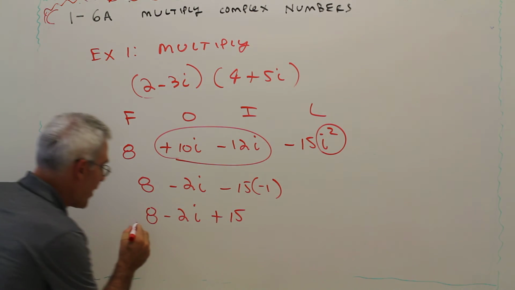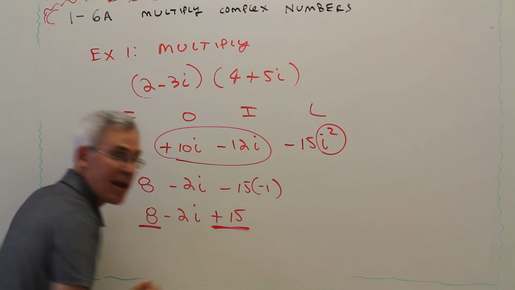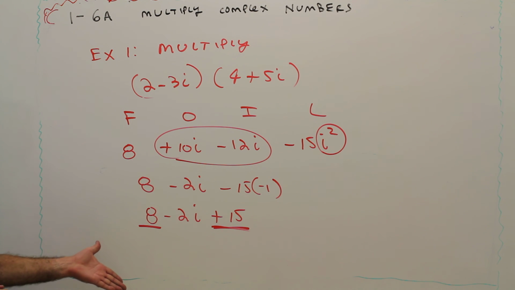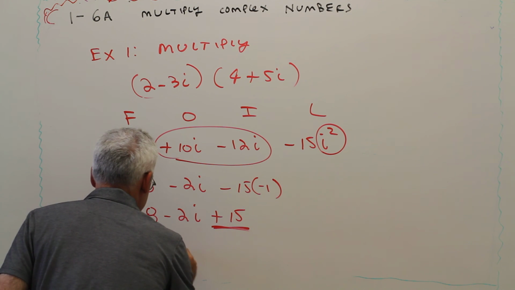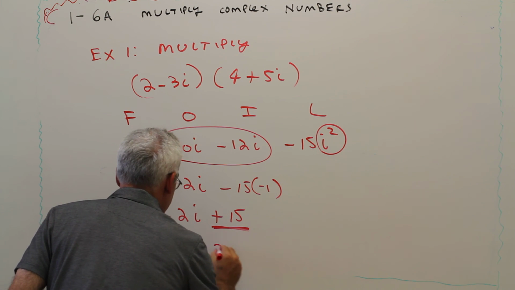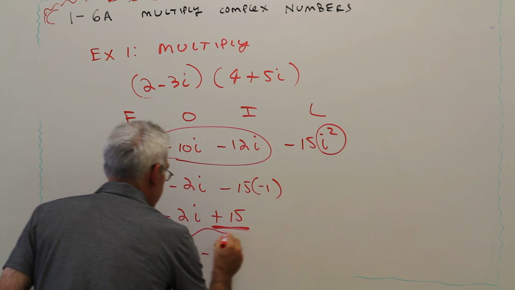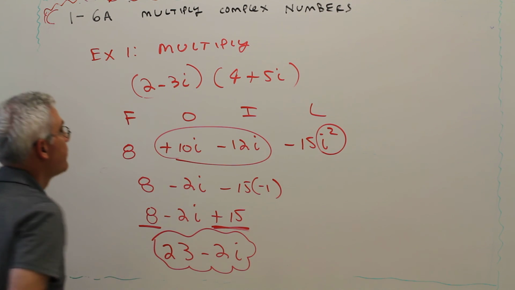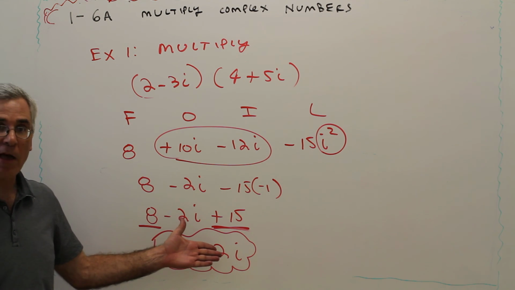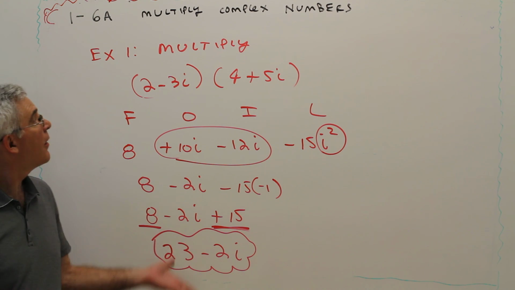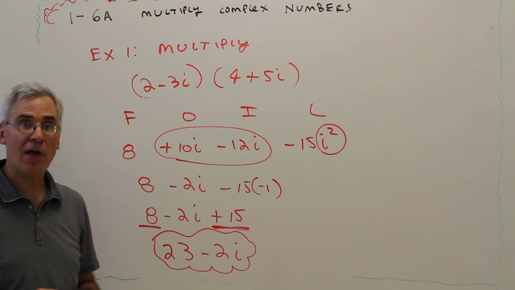And then finally, I've got some more like terms, 8 and 15, and that is going to be 23. So my final answer is 23 minus 2i. Again, this is how we multiply two complex numbers.